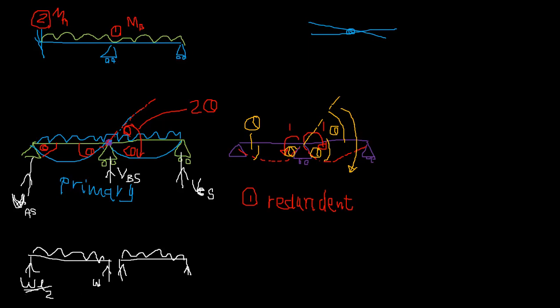This is also WL over 2. This is also WL over 2. So the total reaction at B will be WL, and at the corners WL over 2, right? Because we are at the hinge, right?